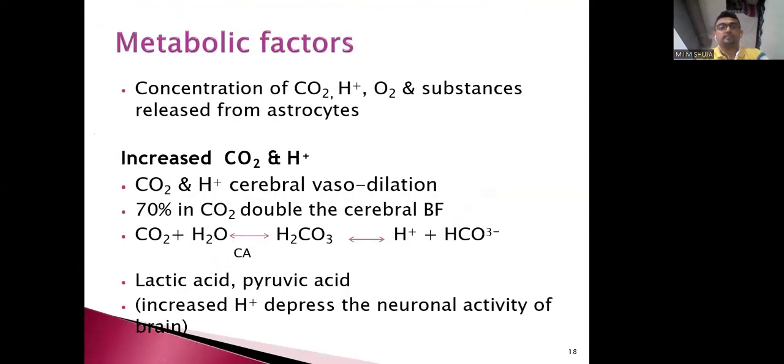There are metabolic factors which affect cerebral blood flow. When there is an increase in carbon dioxide and hydrogen ion, cerebral vasodilation occurs. So when there is hypercapnia, your cerebral blood flow increases. They say when carbon dioxide level is increased by 70%, your cerebral blood flow doubles.